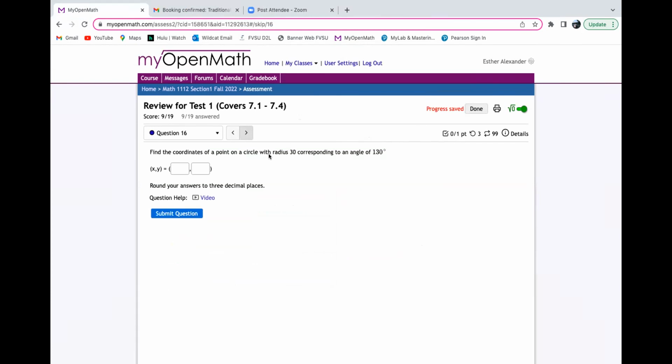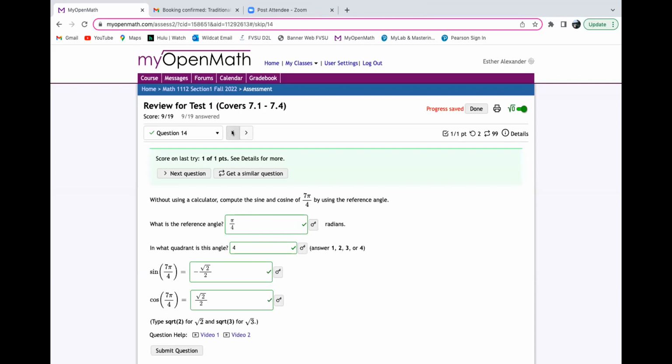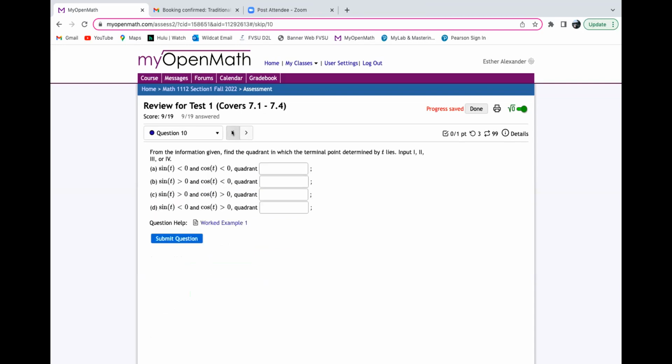Trying to think what might be on our test that's coming up soon. Oh, can we do this one? Sure. Yeah. All right, snipping it in, sharing screen. All right.